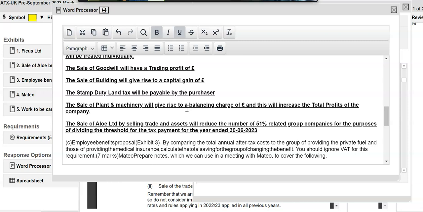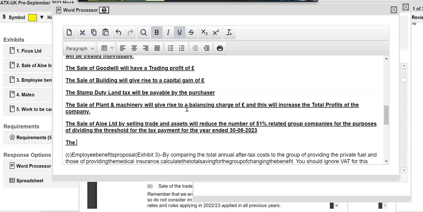The last thing which we definitely have to write: the after tax proceeds of selling the assets and trade is, so I have to copy this pound sign again, and we just have to write this amount.